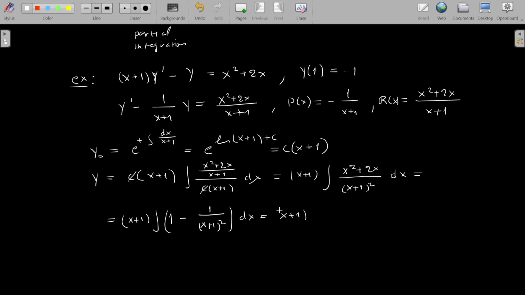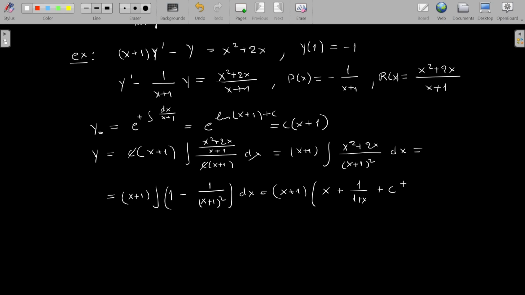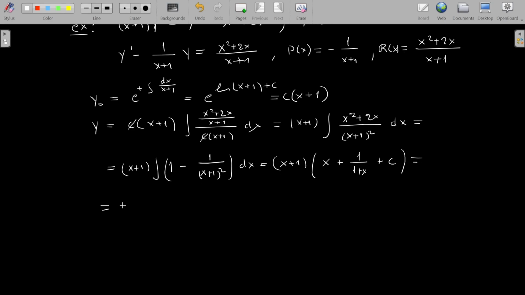And finally, this is just x, plus 1 over 1 plus x, and a constant again, which I keep forgetting. And this is written as x plus 1 times x plus a constant, plus 1. And this is the solution.